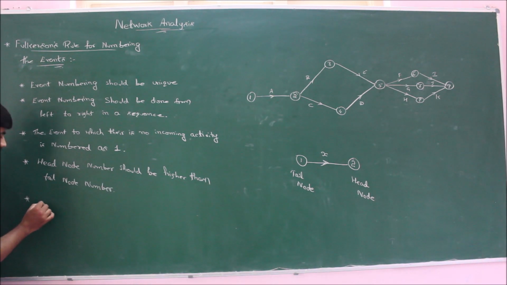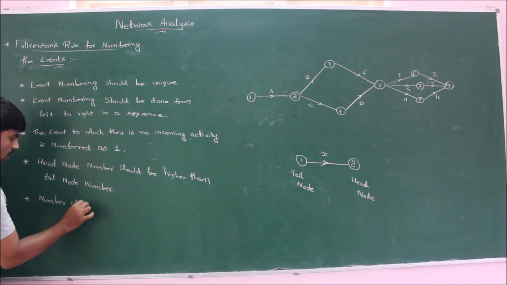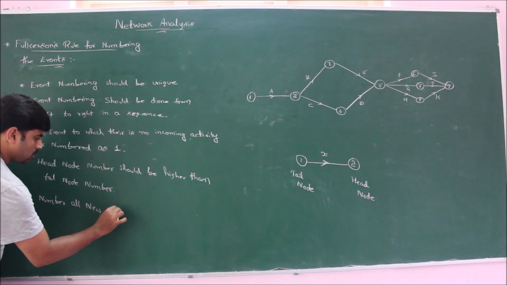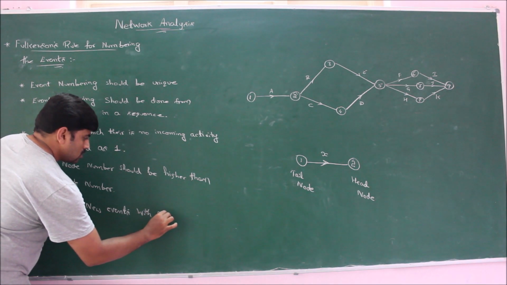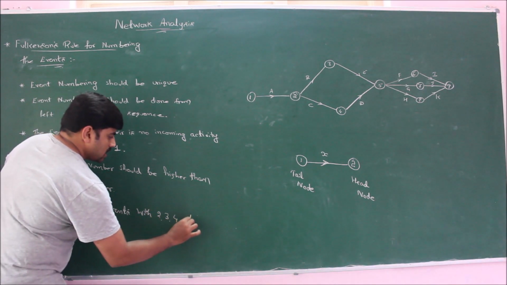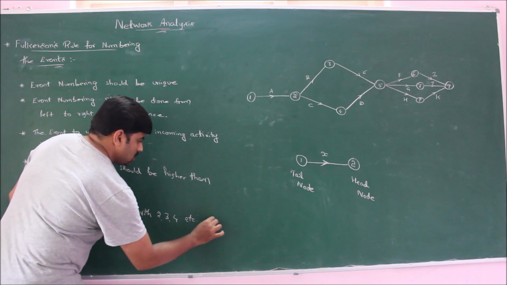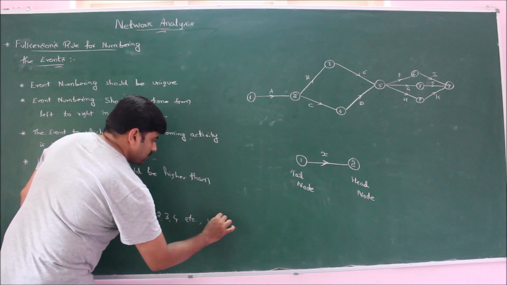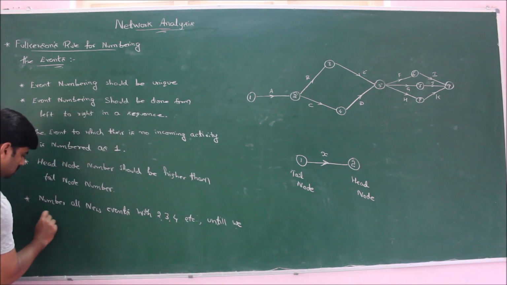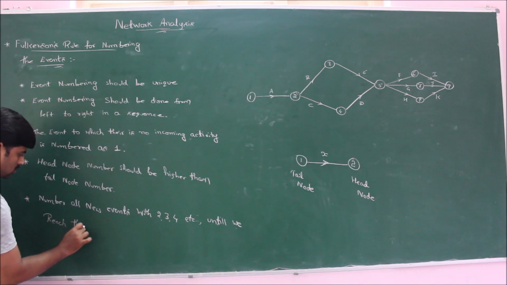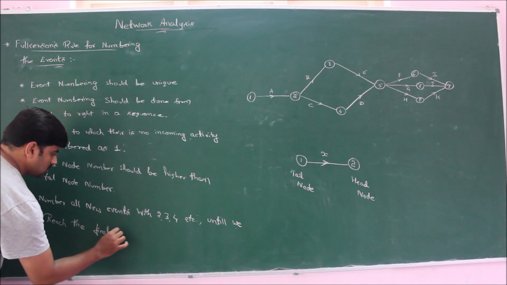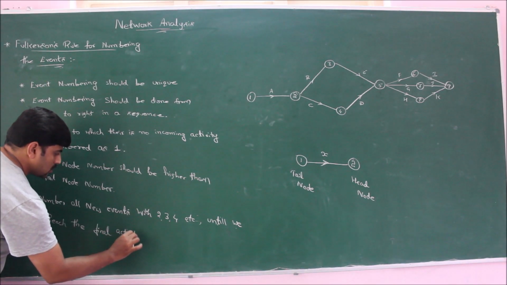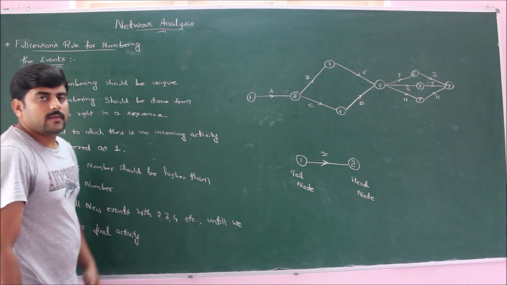And the last rule states that we number all new events with 2, 3, 4, etc. until we reach the final activity, which gives us the final node or event.